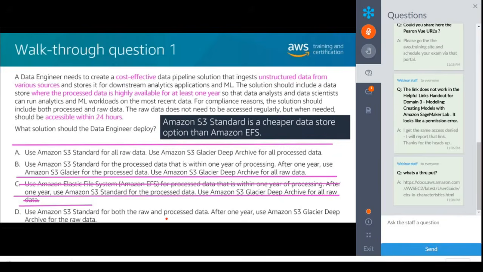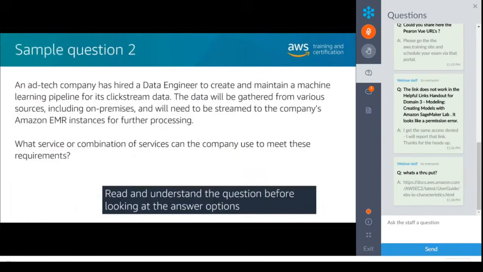But of these options, we would want to go with S3 standard for process data that's within 1 year of processing. After 1 year, use Glacier for the process data, use Deep Archive for all raw data. Yeah, so I would go with B. Okay, so that's the one that we would end up with, and D should also be crossed out. Okay, so B will give us the most cost-effective option, right?